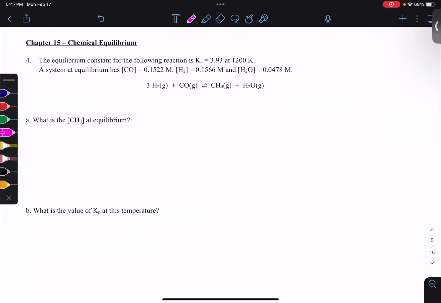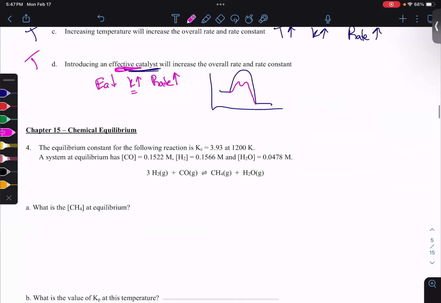We'll do it later. Okay, so chemical equilibrium. When we were talking about rate constant, that's what I call little k, rate constant. That's related to rate laws.